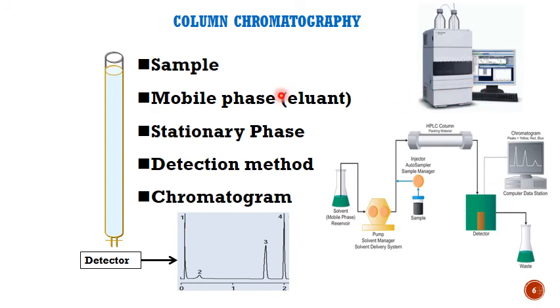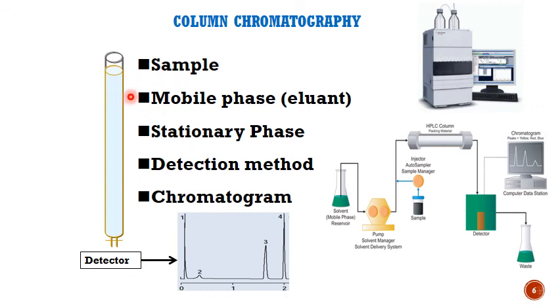In HPLC, the sample is injected into the column, and then the mobile phase is pumped over the sample, and then according to the different affinities of the components in the sample to the mobile phase and the stationary phase, the different compounds will be eluted.